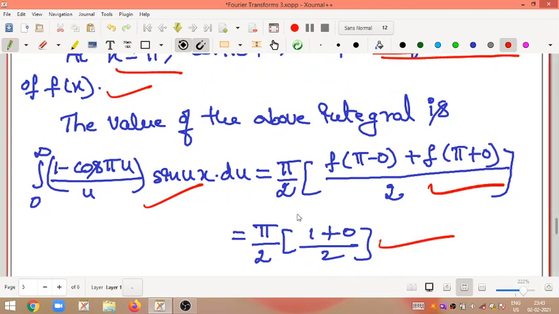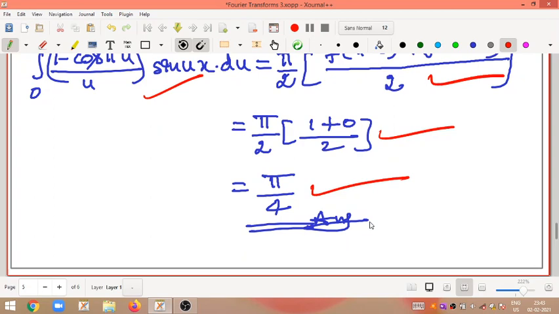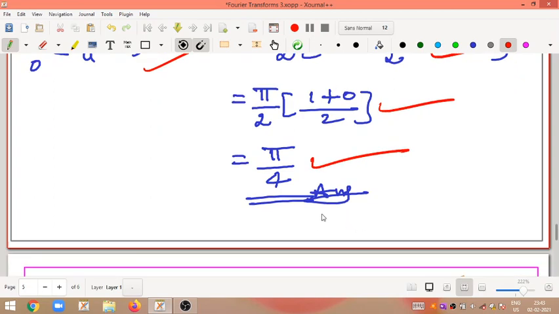So in the numerator, π into 1 will come, divided by 2 into 2, that is 4. So π by 4 will come.